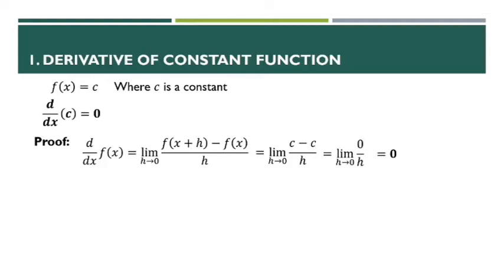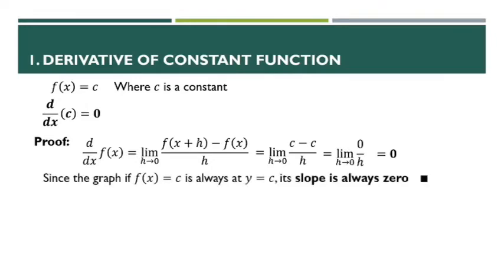So it still has a value, but it only gets closer and closer to 0. And 0 over any real number is equal to 0. The graph of the constant function is always at y is equal to c, and its slope is 0. Okay?